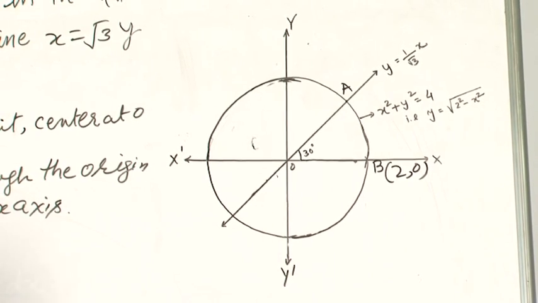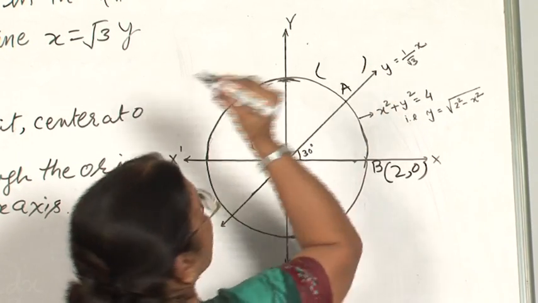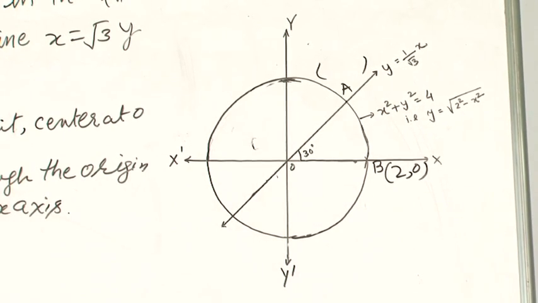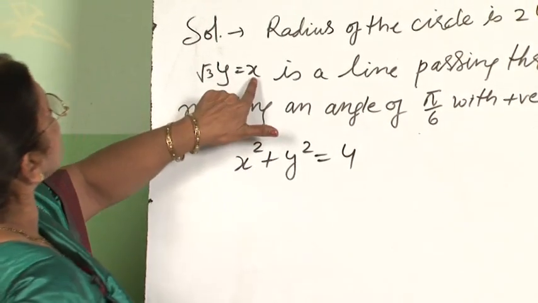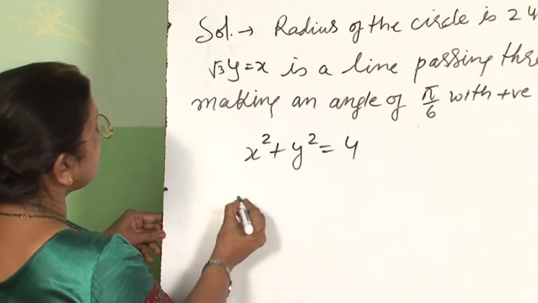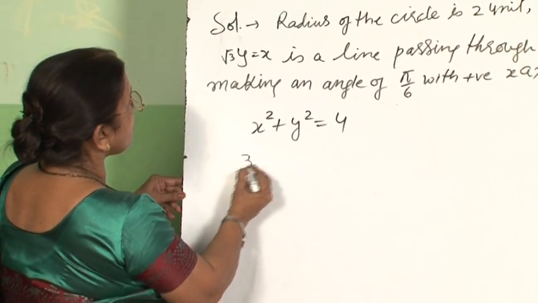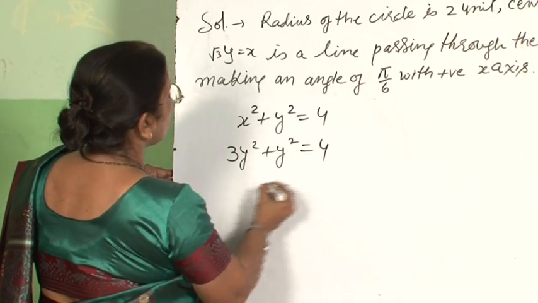Now, first we have to calculate the coordinates of point A. Now, for finding the coordinates of point A, our equations are x square plus y square is equal to 4. Put x is equal to root 3y in this equation. So, it becomes root 3y square is 3y square plus y square is equal to 4.